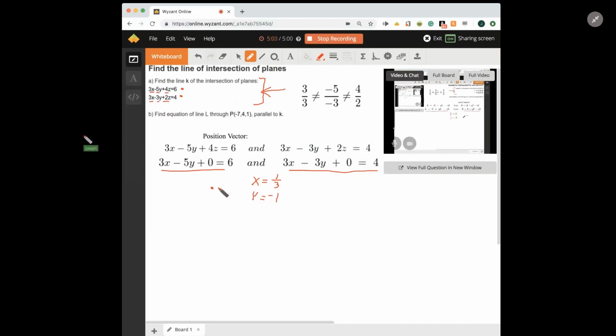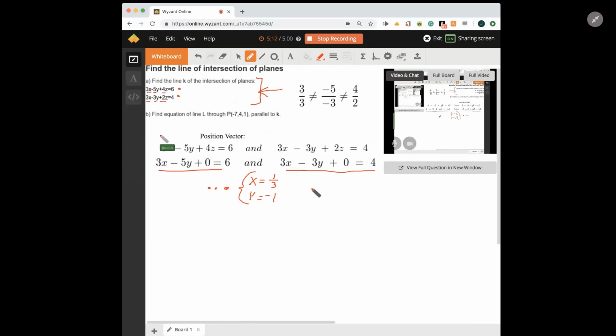This is something that I have not shown you, that you have to be able to do. But now we know that there is a position vector when x is 1/3, y is -1, and z is 0. One way we make a statement that defines a line in space is to use a position vector plus a directional vector times a variable t.